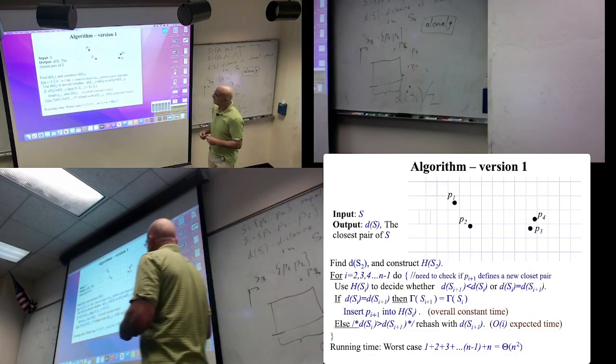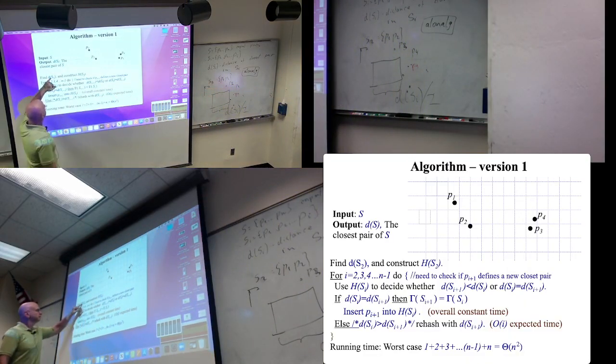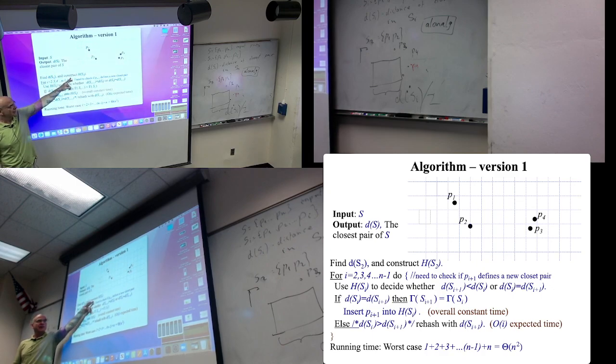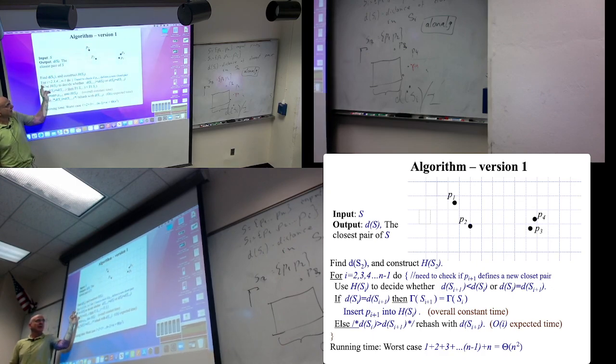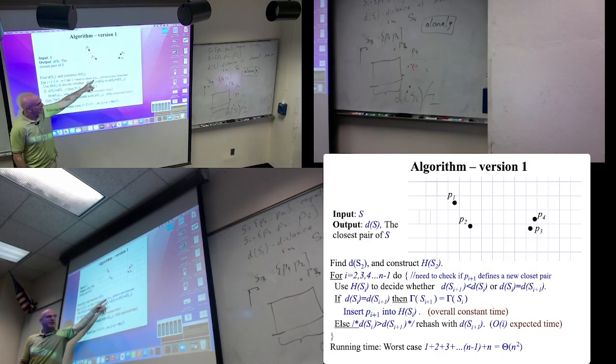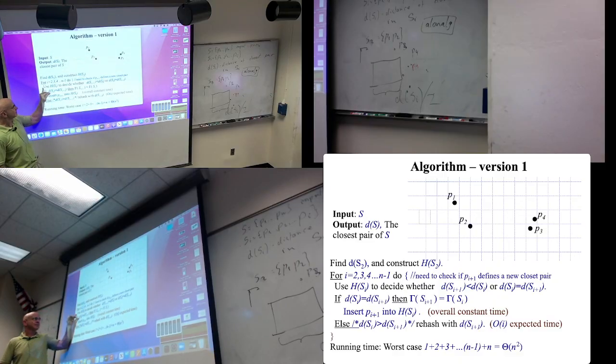Okay, so here is the algorithm. I have S2, that is P1 and P2, my first 2 points that I picked. I construct the hash table for them. And now for i equals 2, 3, 4, all the way to n minus 1, I check if P(i+1) defines a new closest pair, decreasing the closest pair.